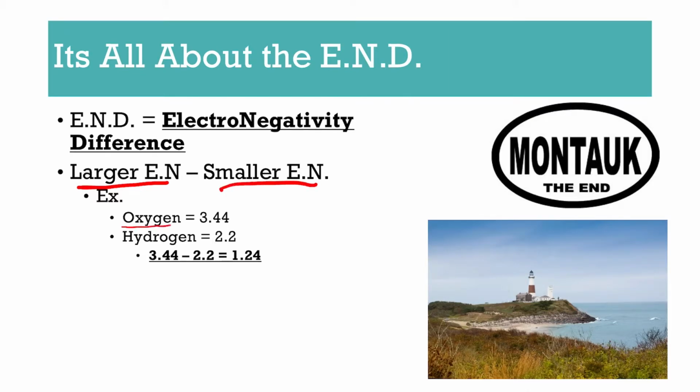So if we have oxygen, oxygen's electronegativity is 3.44. Hydrogen is 2.2. Again, this is straight from table S. And so if you were to calculate the electronegativity difference for oxygen and hydrogen, you would get 1.24. That is that difference. Now that number will tell us something, and we'll get into that shortly.